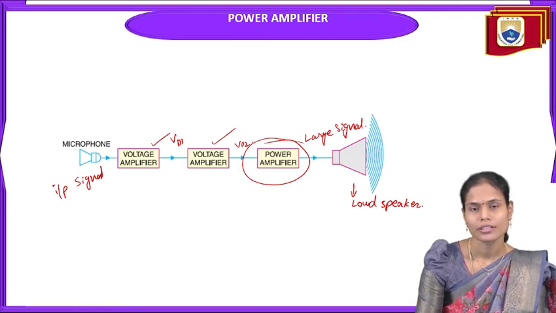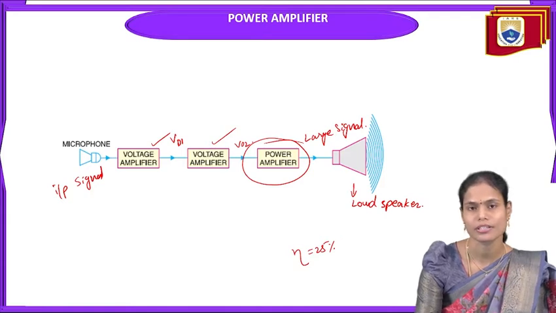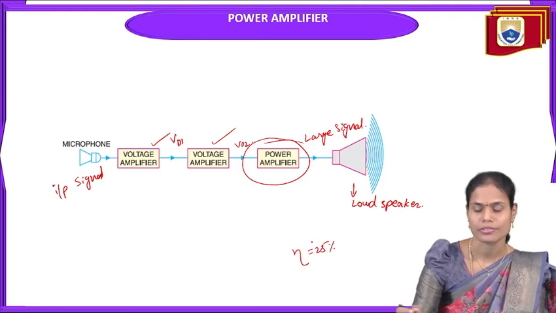But here we get the problem of efficiency in the case of the Class A power amplifier. We reach only 25% efficiency with the Class A power amplifier. It is very less. So in order to improve this efficiency factor, we move to other types: Class B, Class AB and Class C power amplifiers.